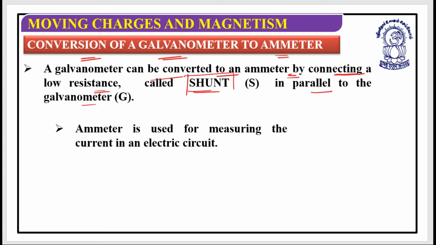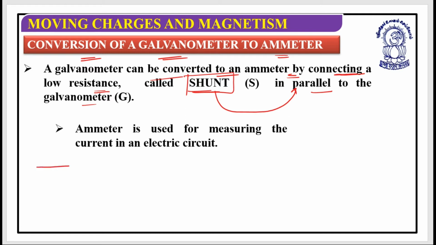When they use the word shunt, they want it connected in parallel. We used this word shunt in the third unit as well, when we were discussing current electricity. Whenever we have the word shunt, that means we are talking about parallel.